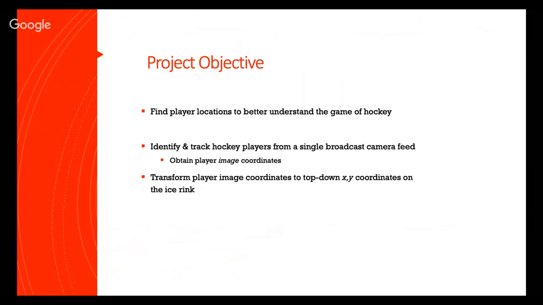Yeah. So as a more technical objective, we'd like to identify and then track players from the single broadcast camera feed. Most hockey games have a single broadcast camera feed, so it's easiest to work at all levels of play and at all hockey games. And from that we can get player image coordinates.